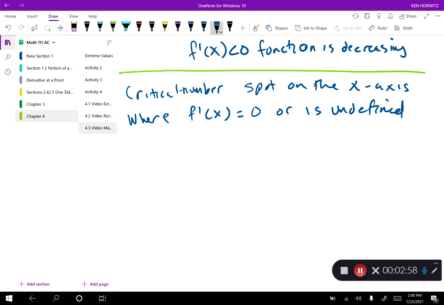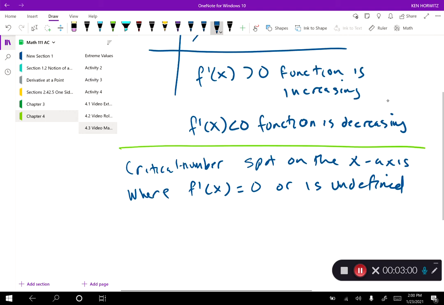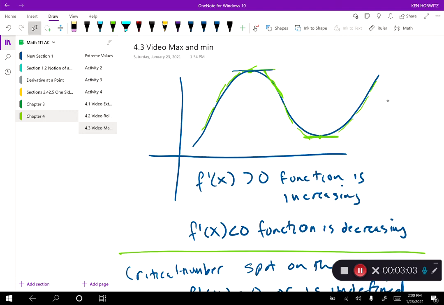Either one. So for example, let's look at the graph above. The point over here where my tangent line was horizontal, and the point down here where my tangent line was horizontal, those would be considered critical points because you would have an x and a y value. A critical number would just be the x value, but you can call them critical numbers, critical points, either one.